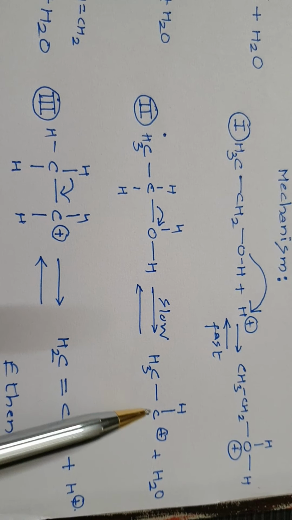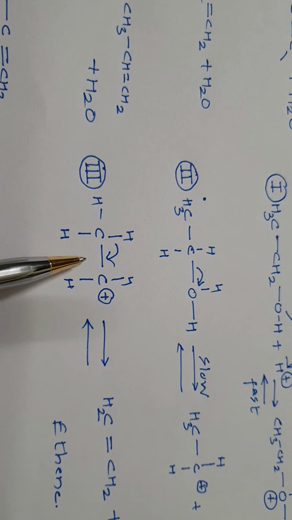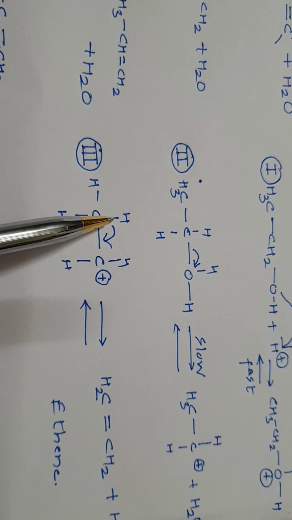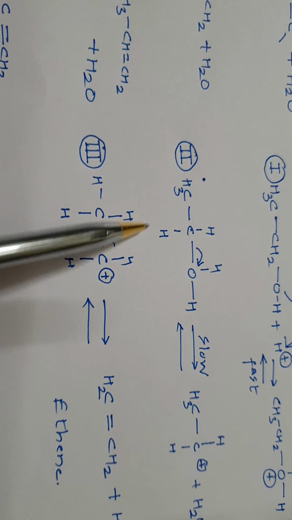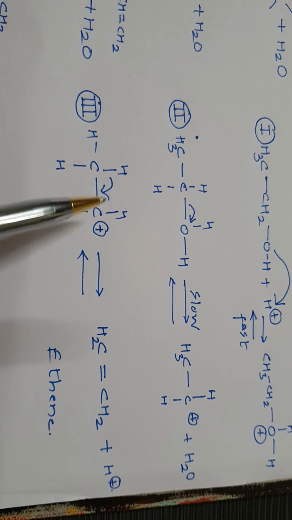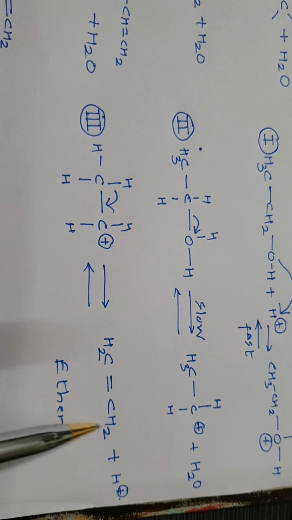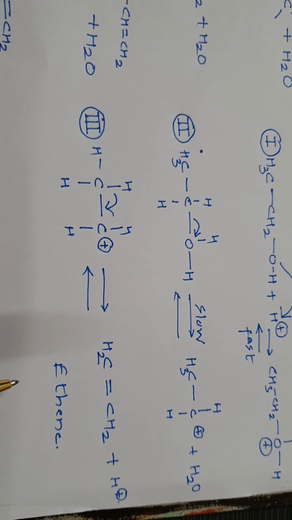So thus giving you a carbocation. In this particular carbocation, the hydrogen here leaves its electron, goes as a hydrogen ion. So there is deprotonation which is taking place over here, giving you your product. So this is the alkene which is obtained as the product.